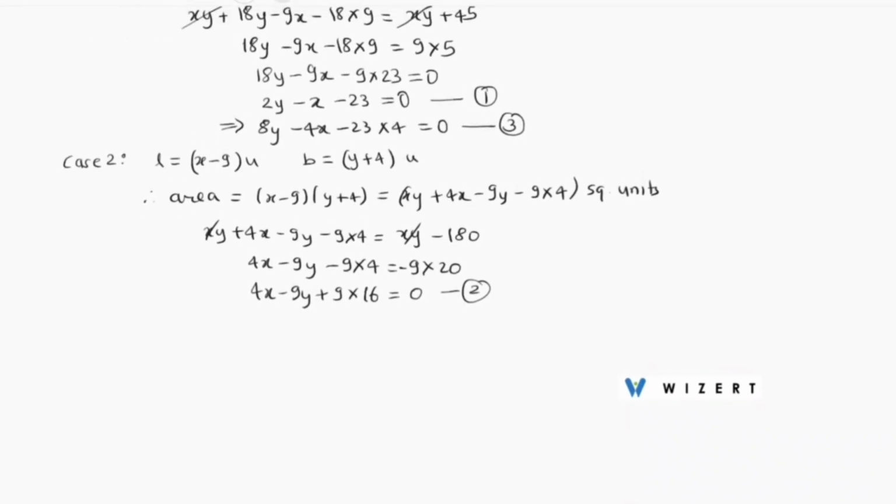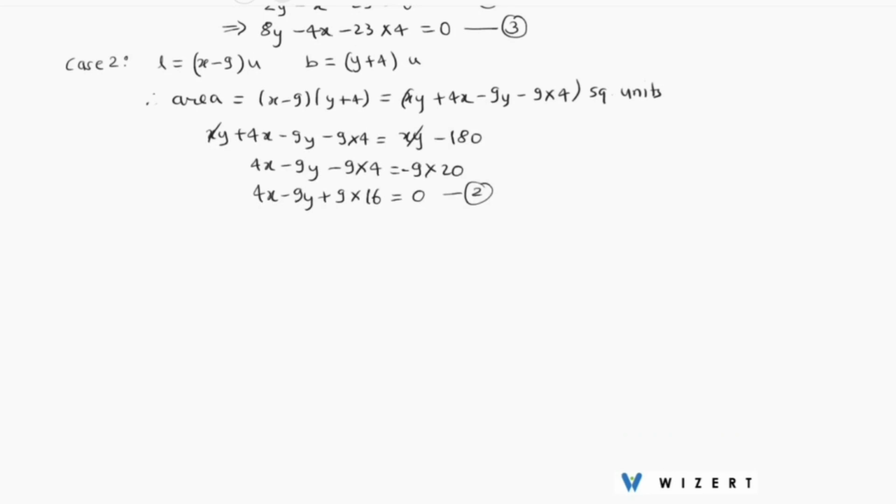If we look at this, we can eliminate 4x from equations 2 and 3 by adding them.